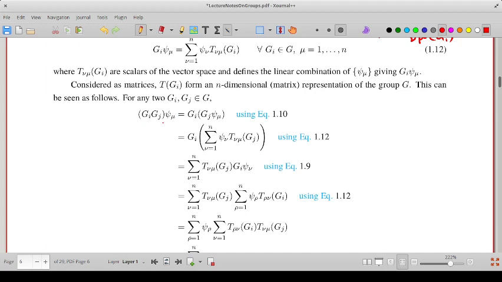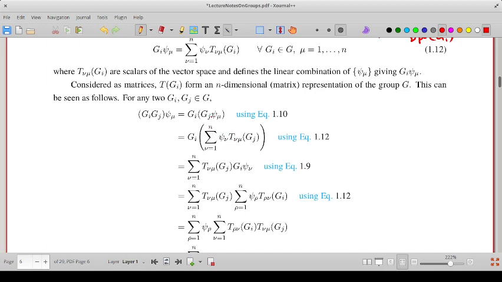But because of the property of group action, we have this equal to Gi acting on Gj psi mu. From this definition, Gj psi mu is simply a linear combination of psi mu's, which can be written as the sum over nu running from 1 to n of psi nu, with the coefficients given by these matrix elements T nu mu.